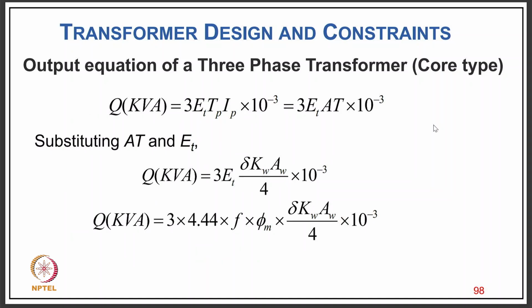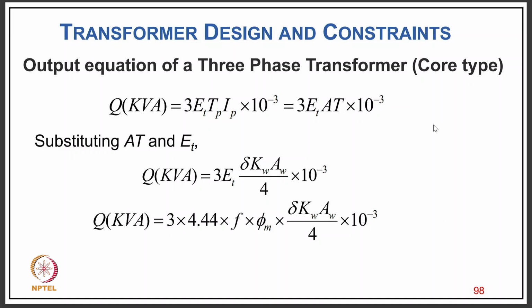So the output equation now becomes Q equal to 3 Et Tp Ip into 10 power minus 3, so it becomes 3 Et AT into 10 power minus 3. Now substituting for AT and Et, Q equal to 3 Et sigma Kw Aw divided by 4 into 10 power minus 3.